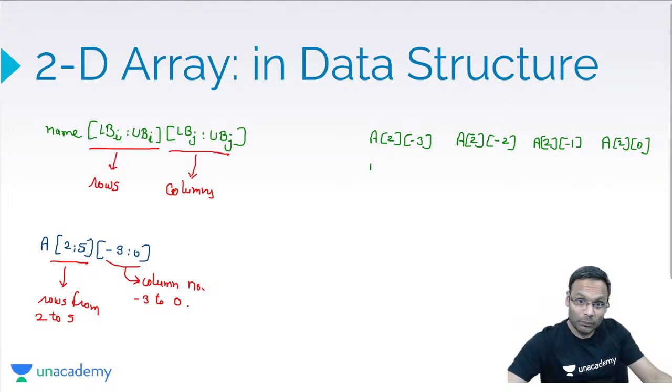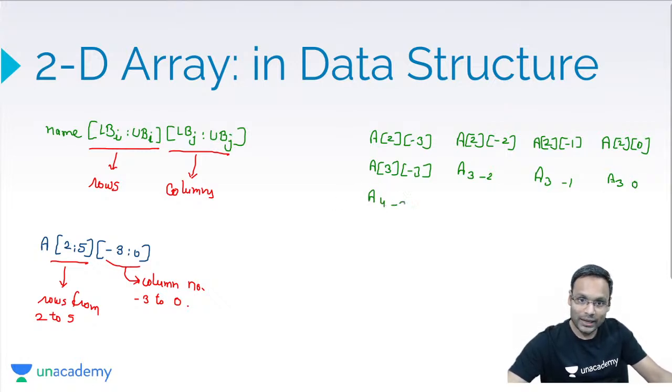Next, row number now increases to 3. A of 3, -3. I am writing it downside, same way, A of 3, -2. A of 3, -1. A of 3, 0. Then A of 4, -3.